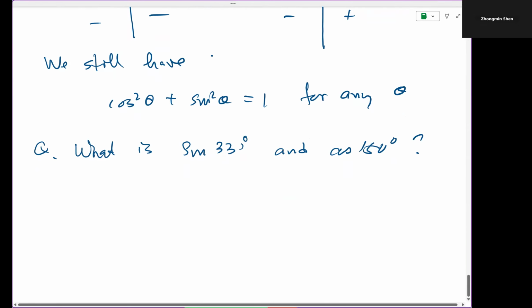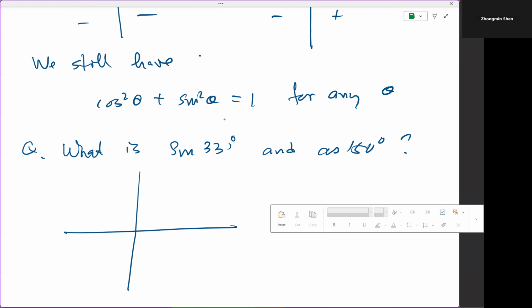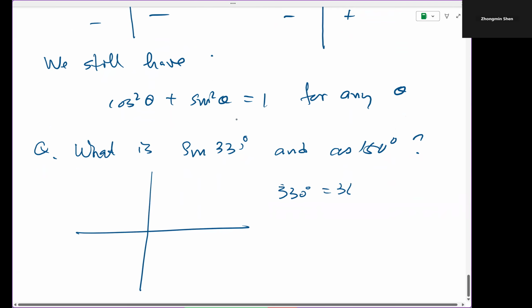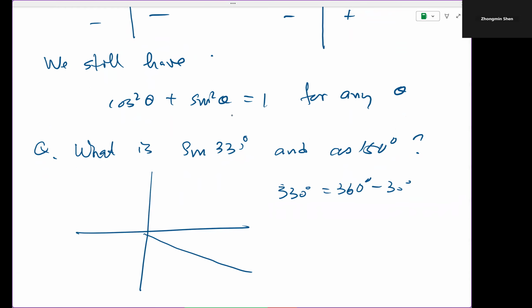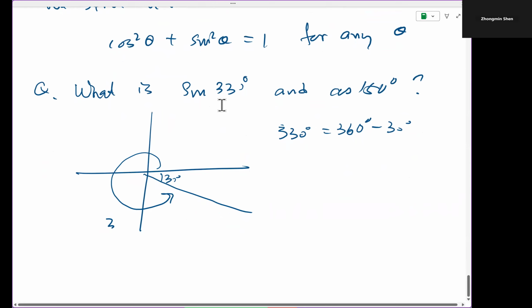Where is 330 degrees? 330 degrees is 360 degrees minus 30 degrees, right? So that means it's here. So this will be 30 degrees, but you measure it in the following way, 330 degrees.